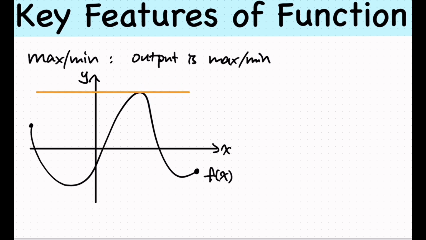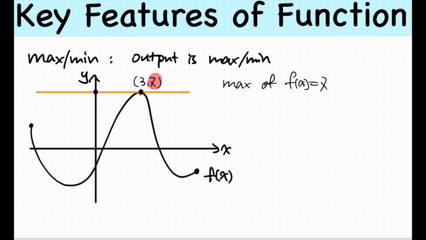Then it still has an intersection at this point, and it crosses the y-axis at this point. So the coordinate of this point represents the maximum of this function. Let's say this point has a coordinate of (3, 7), then the maximum for this function is 7. I do not care about 3.